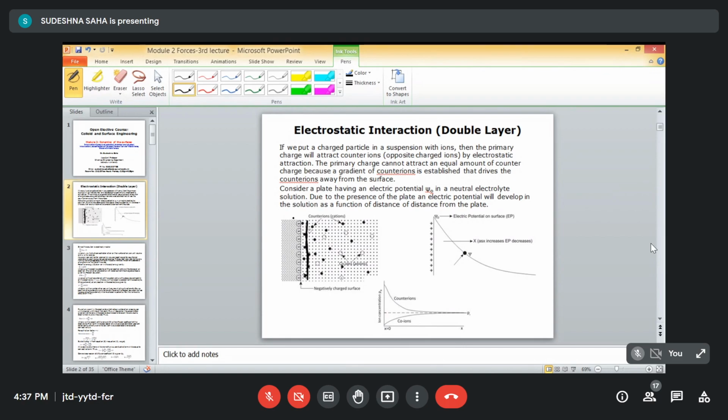Okay, so there will be a charge on the particle surface, and there will be a counter ion charge just on the side of the fluid. So in that way you can say that two layers of opposite charges will be present if you just put a charged particle in a fluid, either in the gaseous phase or in the liquid phase. Okay, and if it is in dispersion, then you find this kind of phenomenon, and that means there are two layers that have been formed, and that is why it is known as the double layer.